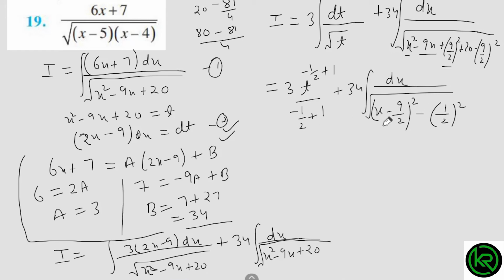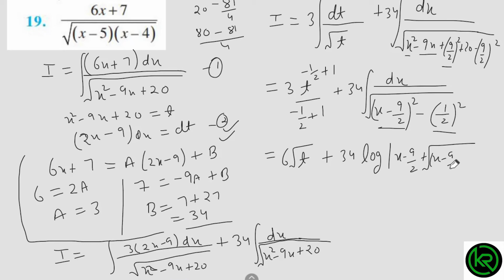Okay, so this is the x square minus a square formula, and here 1 minus half is half, 6 will come upside, and 6 under root t plus 34. Here the formula is log mod x plus under root x minus 9 by 2 square minus 1 by 2 square, plus c.